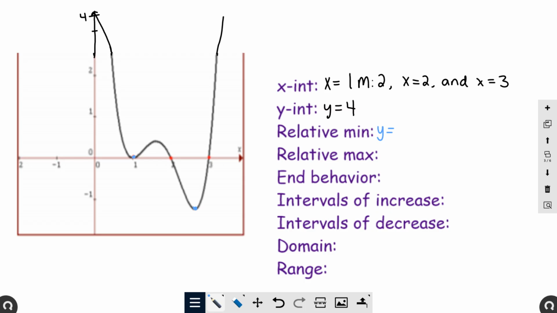What's my y value right here? 0. What's my y value right here? Good. Y equals 0 and negative 1.5. Okay. Max or any mountaintops? Got one right here. That's about at 0.5. So y equals 0.5 would be my mountaintop.